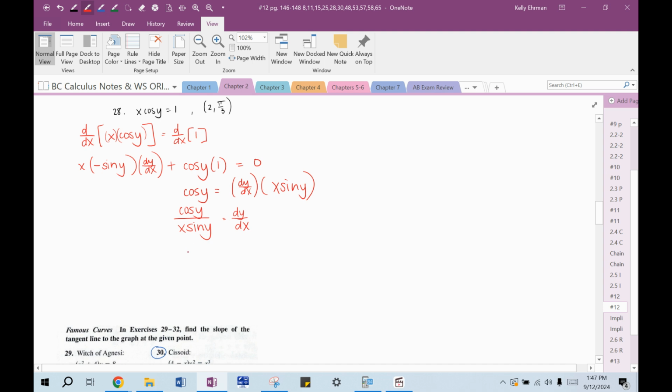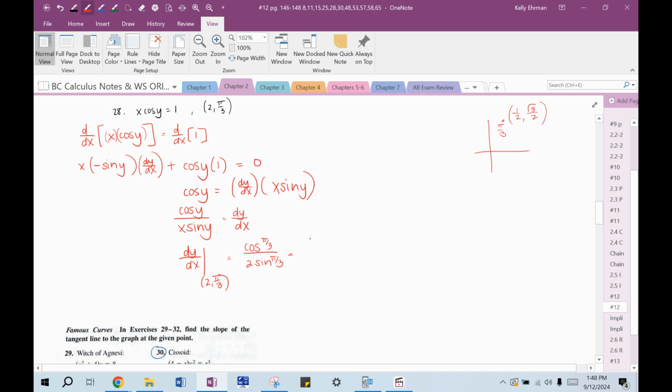And now we can evaluate dy dx at the point 2 pi over 3. So that's the cosine of pi over 3 over 2 times the sine of pi over 3. Okay, so unit circle trig. Remember, at pi over 3, the ordered pair is an x coordinate of 1/2, radical 3 over 2.